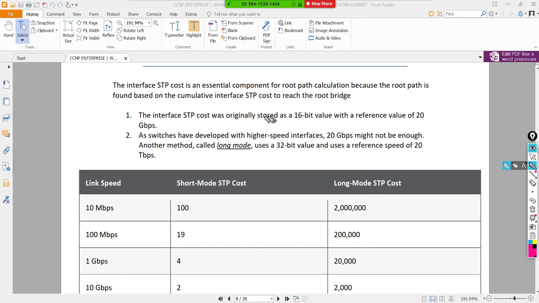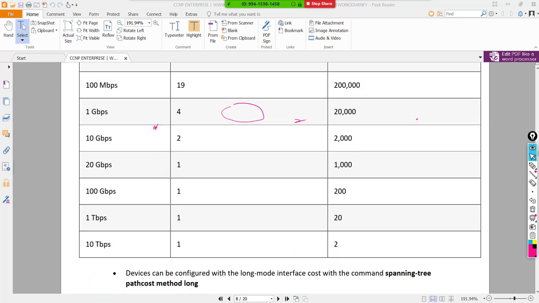Like I said, originally it used to be 16-bit, which was referenced to 20 gigabits per second. But now, since we have faster links like Gigabit Ethernet, we saw some limitation. The limitation happens at this part.